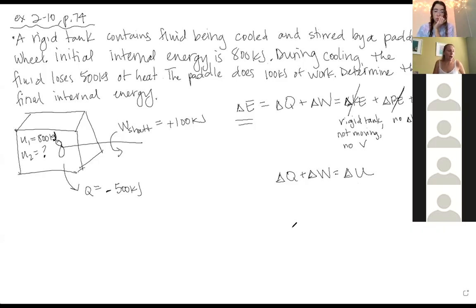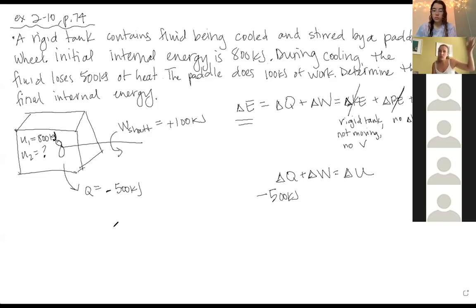We know that our change in internal energy is going to be equal to our change in heat plus our change in work. We're given a value for heat and we're given a value for work. And we know that our heat is negative 500 kilojoules based on what we wrote here on the diagram.